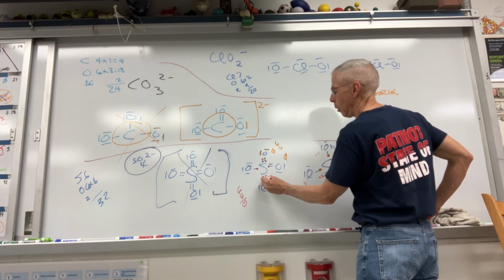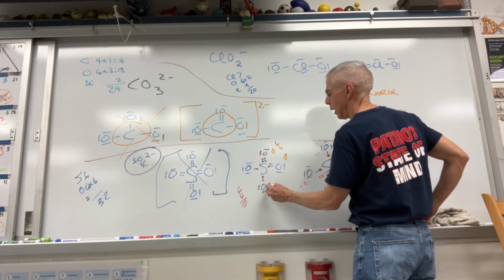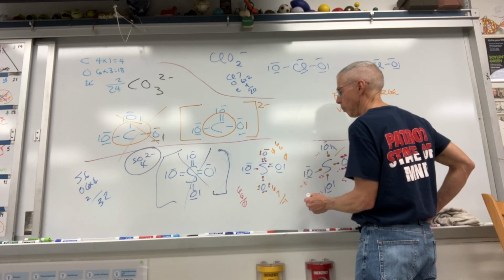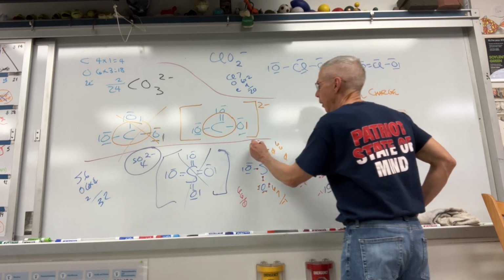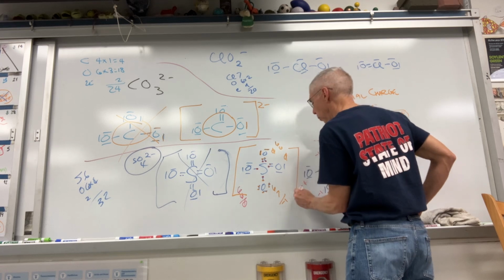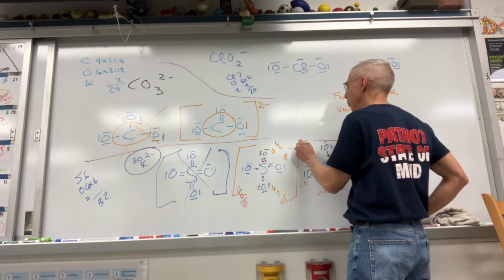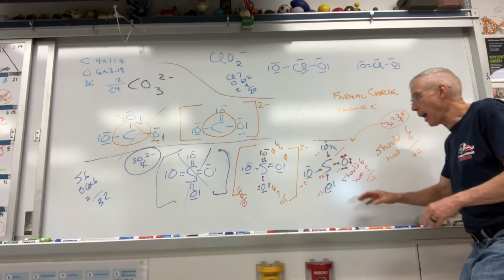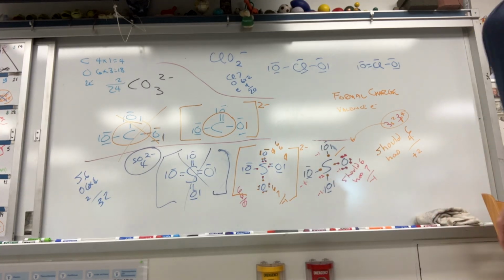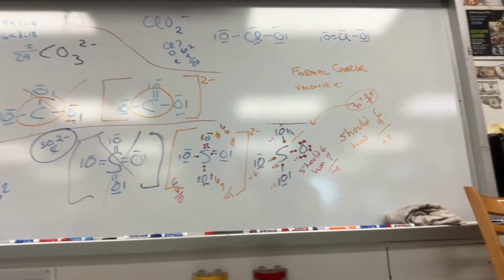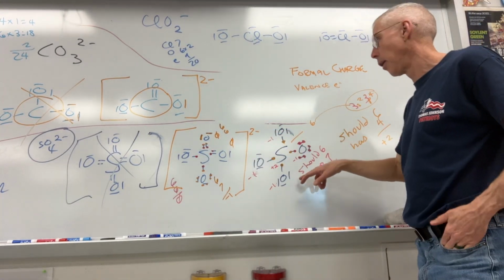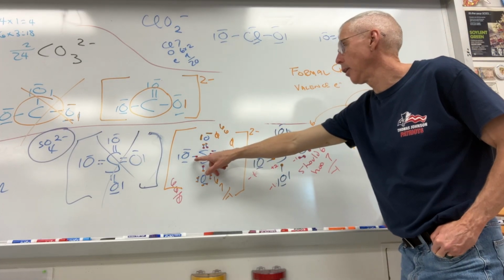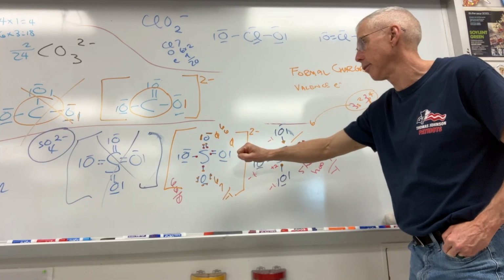This one's exact same. How about this one? 1, 2, 3, 4, 5, 6, 7. Should have 6, does have 7, minus 1. Now remember, it's an ion, so we've got 2 of the oxygen, both at minus 1. That gives us our minus 2 charge, so that's good. So if I compare these two, this one, that one has a -1, that one has a -1, all 3 of the others are formal charge 0.